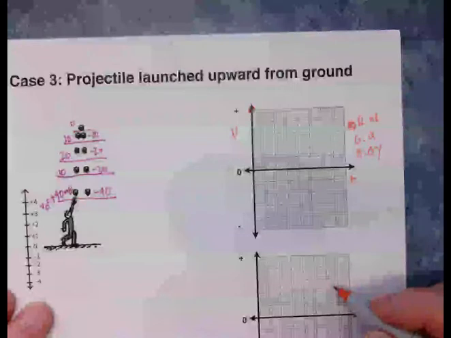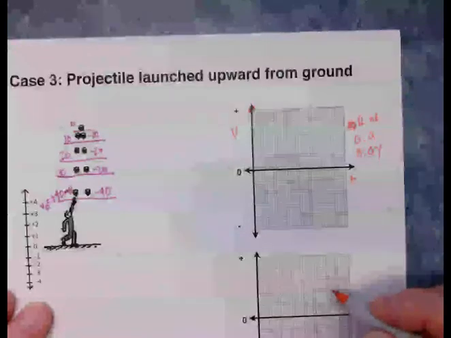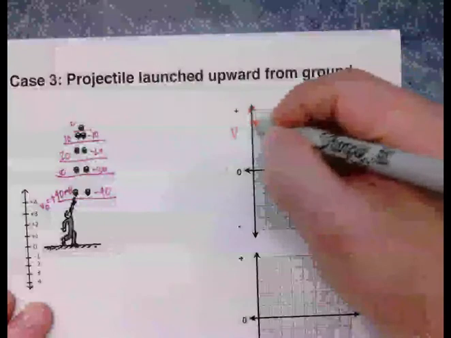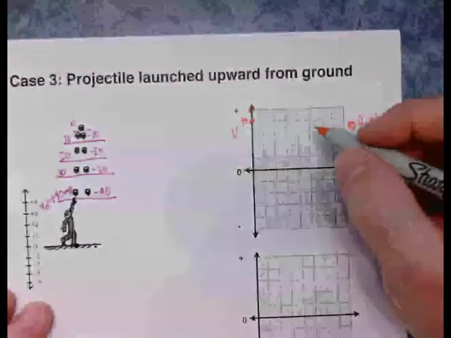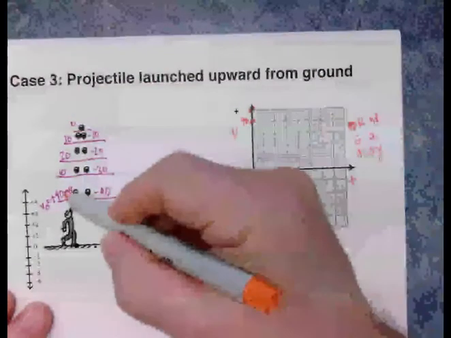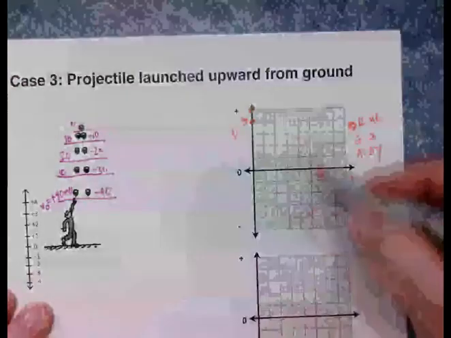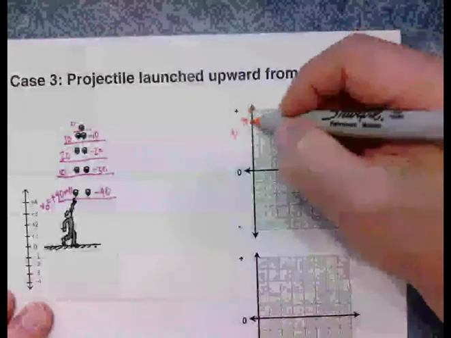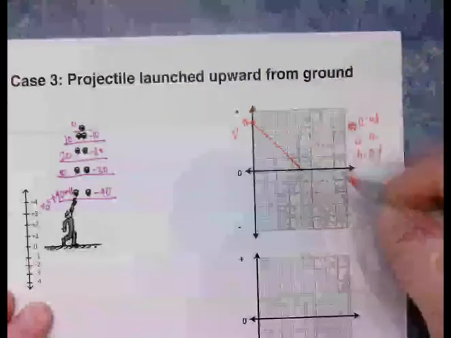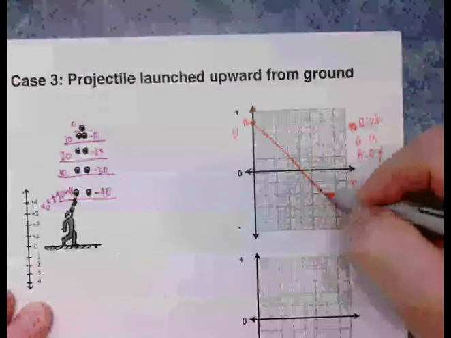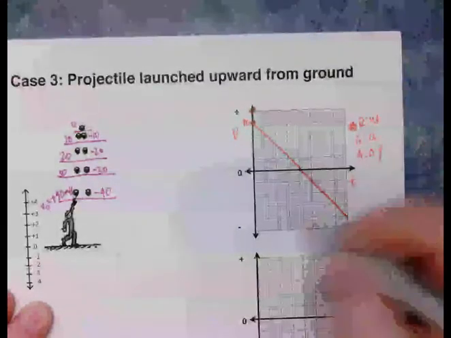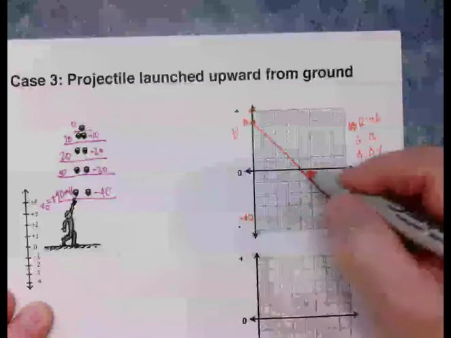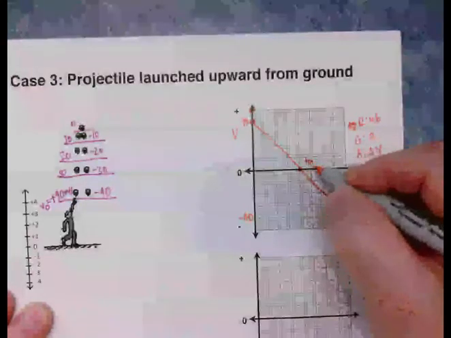It decreases over a period of 1, 2, 3, 4 seconds, it decreases to 0. And then notice it shifts to the negative and becomes minus 40. This point here is at the top.